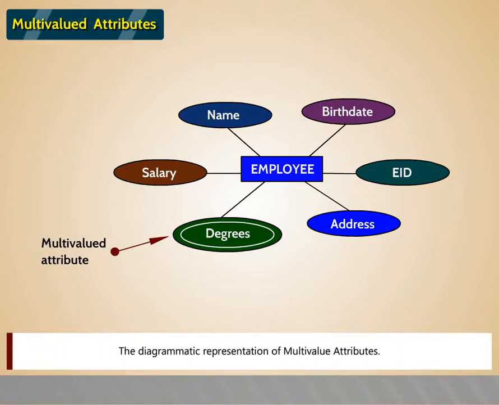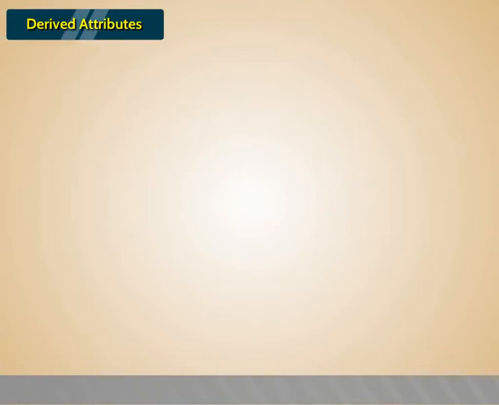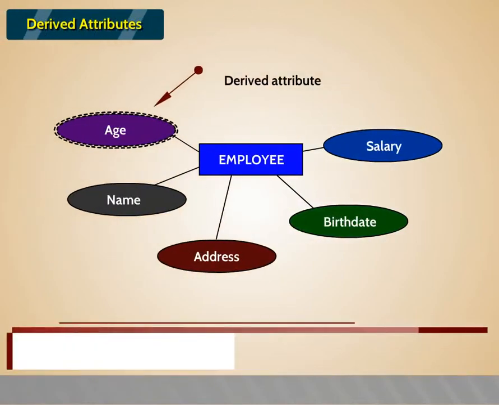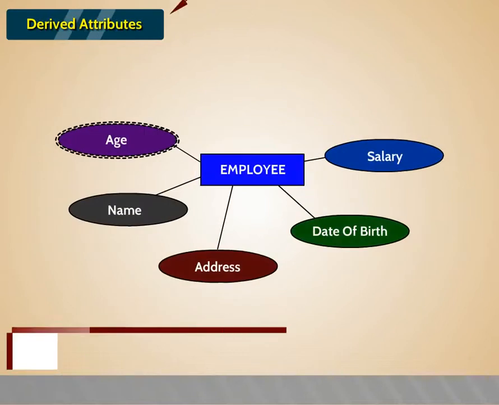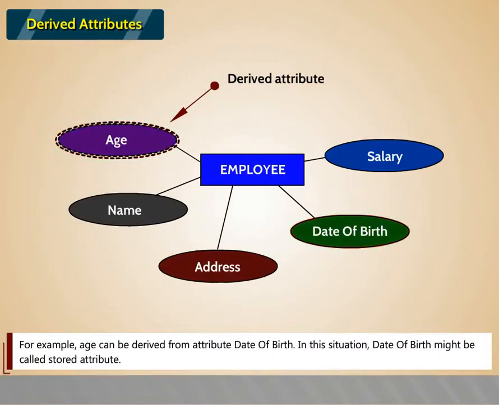The diagrammatic representation of a multivalued attribute. Derived attributes. Derived attributes are attributes that contain values that are calculated from other attributes. For example, age can be derived from the attribute date of birth. In this situation, date of birth might be called a stored attribute.